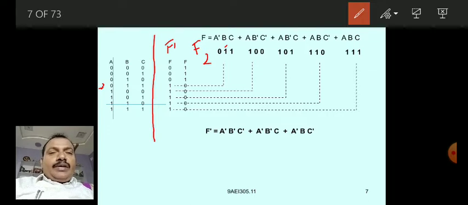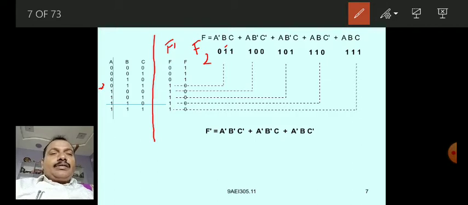From 011, the function f1 assumes 1 value. From 011 it is 1, for 100 it is 1, 101 it is 1, 110 it is 1, 111 it is 1. That is the f1 function.